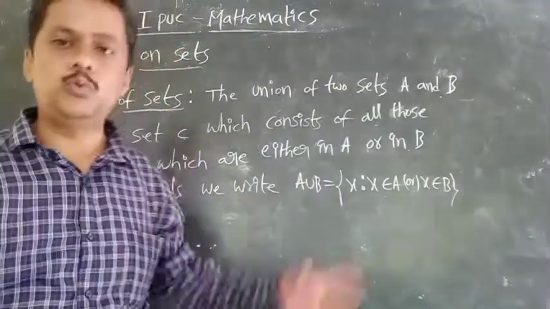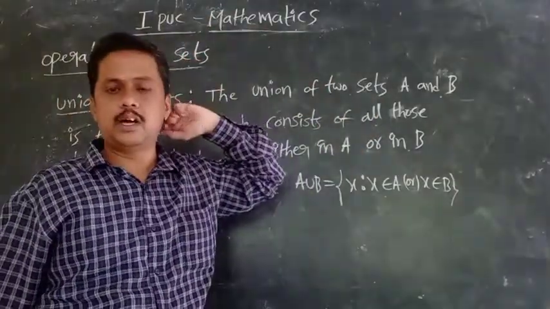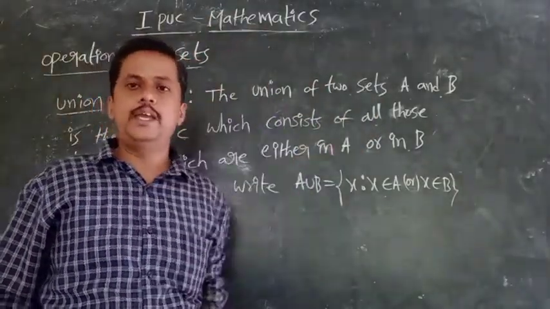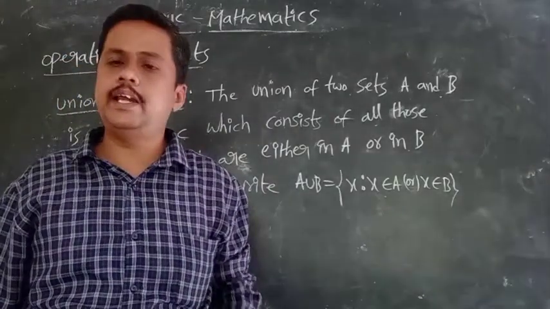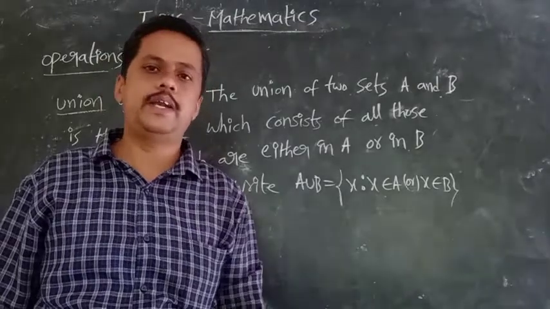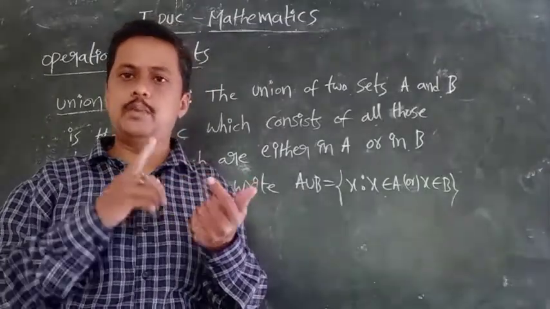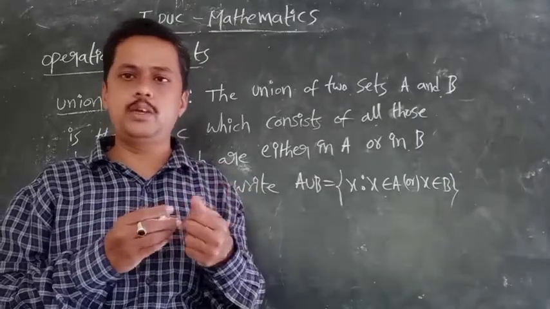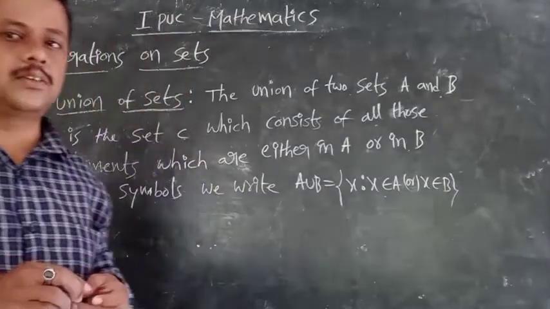We will move to the next concept called operation on sets. In earlier classes you already learned different operations like addition, subtraction, multiplication, division. Already in number system we learned.